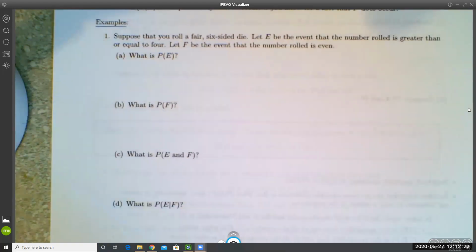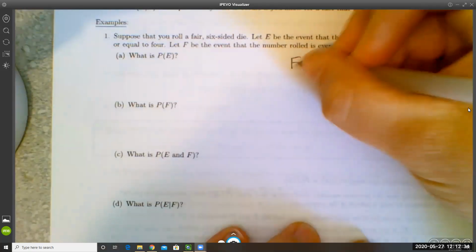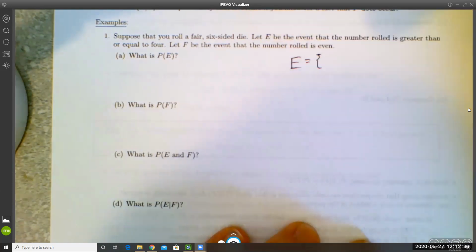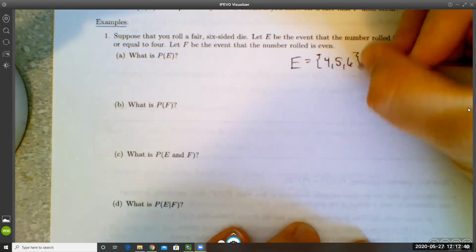So this first example says, suppose that you roll a fair six-sided die. Let E be the event that the number rolled is greater than or equal to 4, and let F be the event that the number rolled is even. It might be useful to write these out. So E is greater than or equal to 4, so that would be 4, 5, or 6.